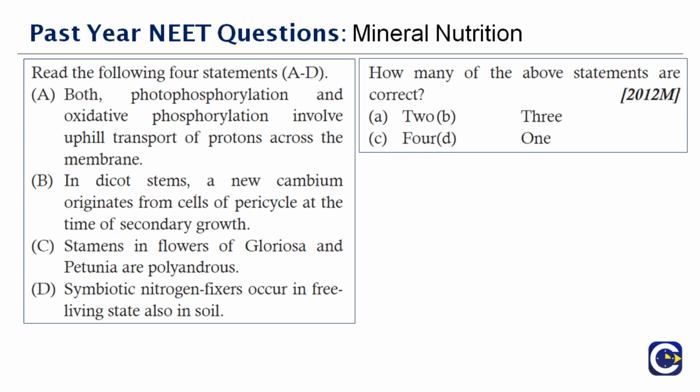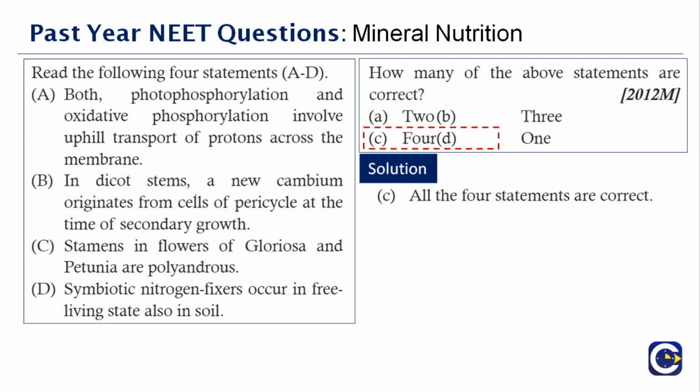Stamens of flowers of Bauhinia and Petunia are polyandrous. Symbiotic nitrogen fixers occur in free living state also in soil. All the four statements are correct. Do you agree with me? The right answer is 4.